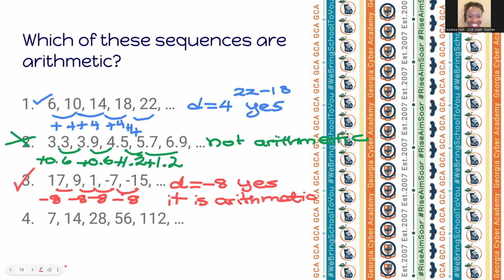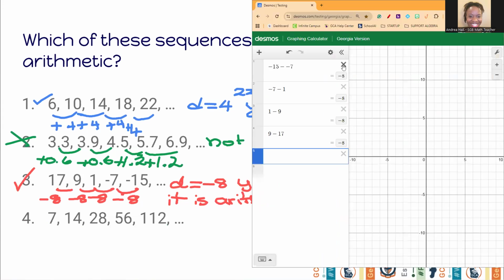All right, let's take a look at this last one here. Got my calculator. I'm going to say 112 minus 56. I'm going to say 56 minus 28. Oop, I can already tell. 28 minus 14.